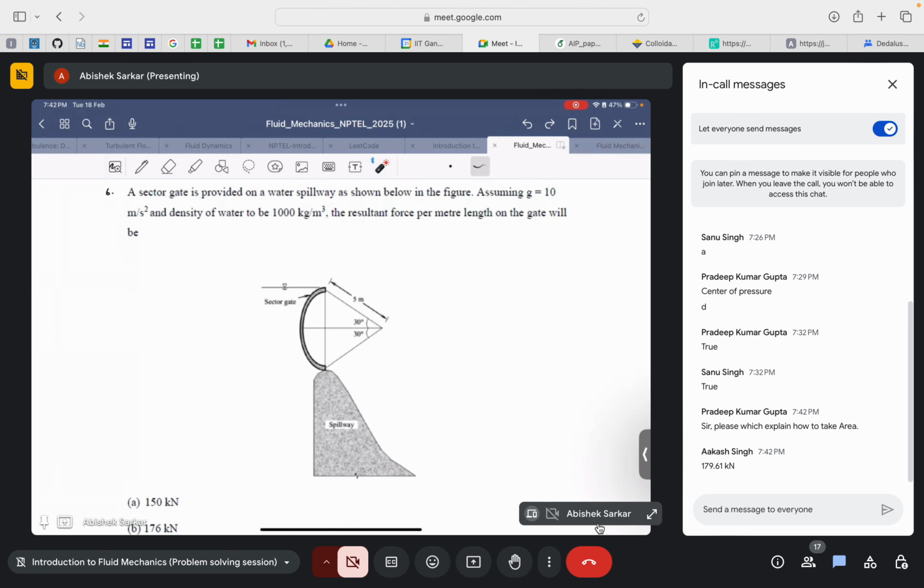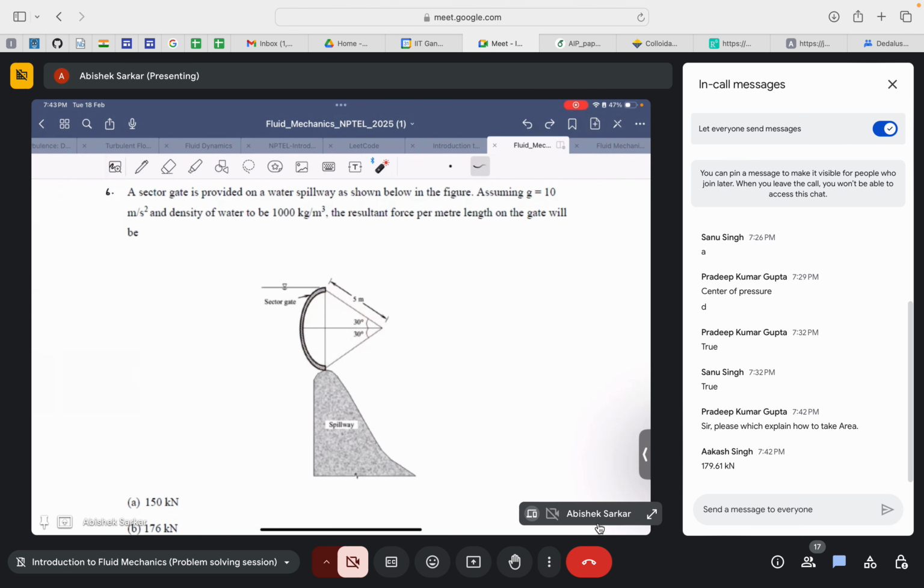The thing is, the area would actually be the area of this particular sector. This is not a semicircle. If it were a semicircle, they would have mentioned the diameter or radius. But the shape itself does not look like a semicircle, so it should be considered as a sector. A sector means a particular portion of the circle.